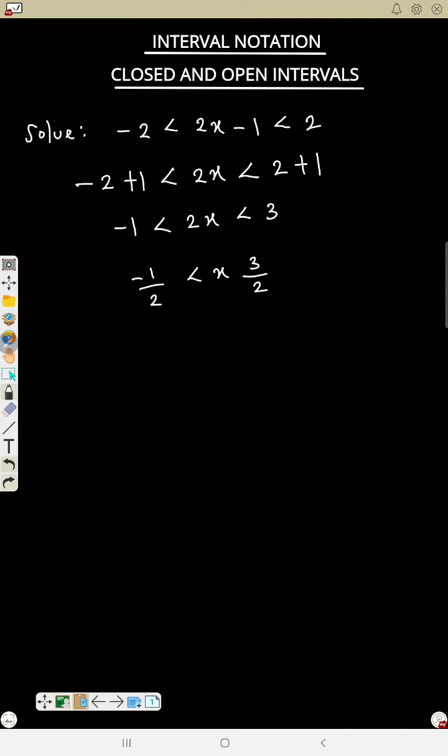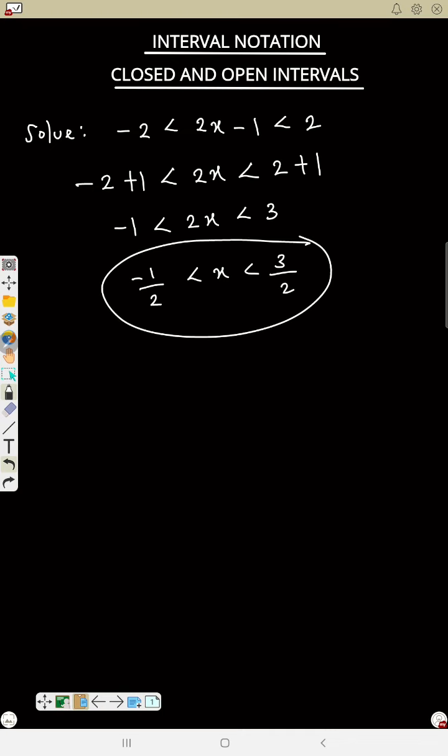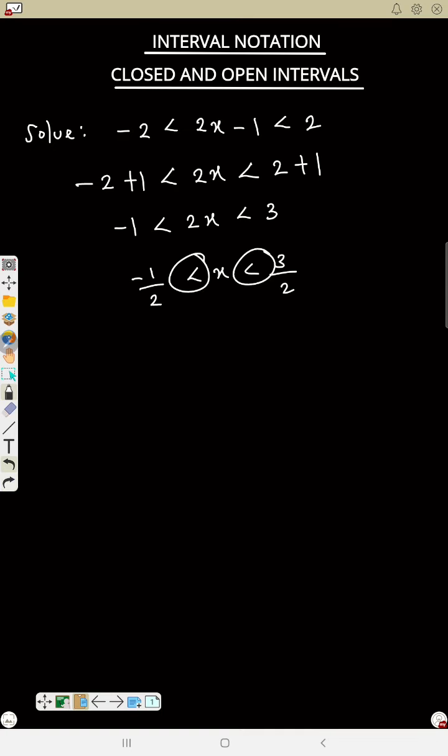Now this is less than 3 over 2. This is an open interval. Why? Because we have less than, and we also have less than. So how can we represent this using notation and on a graph, that is, the number line?